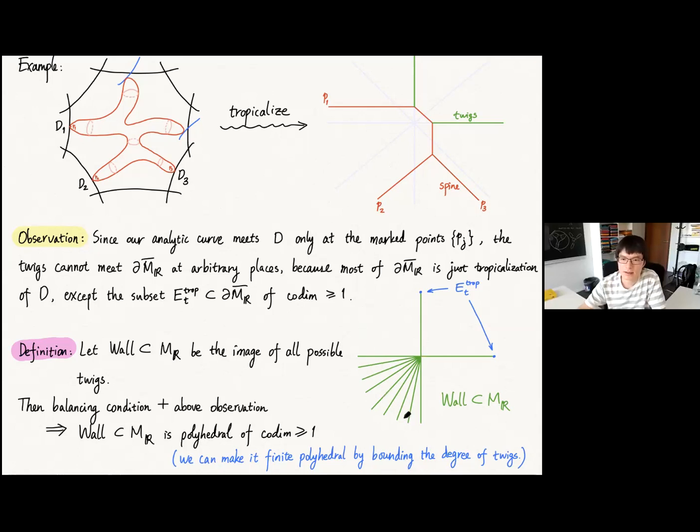Here is an example, the picture of walls for the example of blow-up of toric surface we gave above. ET trop, the tropicalization of the center of our blow-up, is just 2 points at the boundary of MR, and by the balancing condition, we can see that the walls consist of 2 lines and then infinitely many rays in this sector.